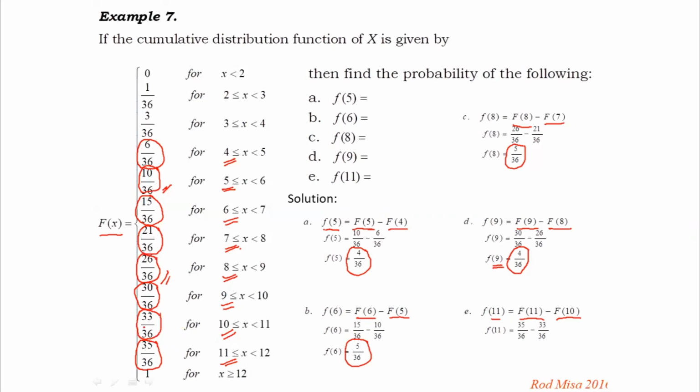So subtracting these two fractions, we have 2 over 36. Hence, this is the probability value of the random variable whose value is 11. So, in this example, we illustrate how to compute individual probabilities given the cumulative distribution function of our random variable.